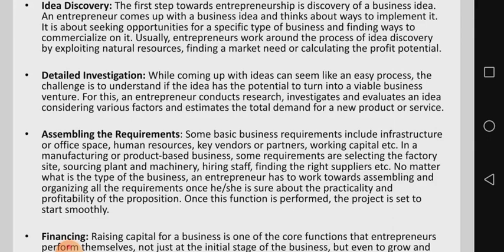Once this function is performed, the project is set to start smoothly.